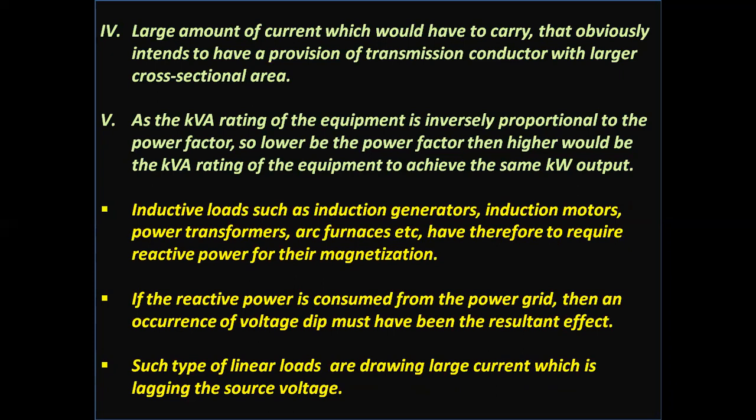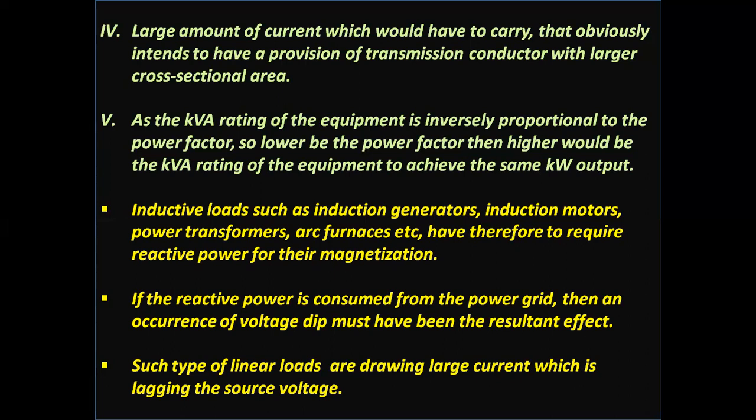Number four, a large amount of current would have to be carried, which obviously intends a provision of transmission conductor with a larger cross-sectional area, as that material cost will be much more.